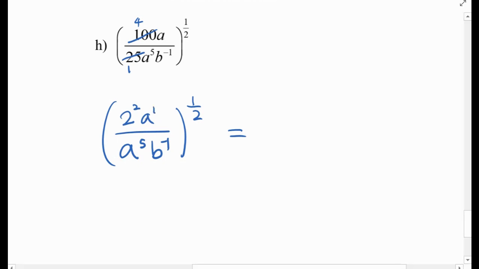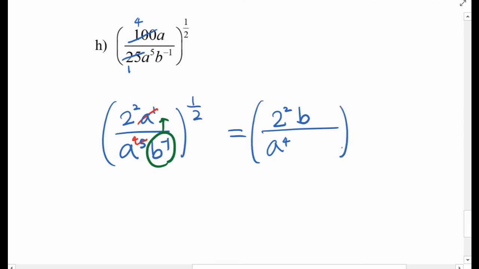Let's just cancel 1a from here, so it becomes 4. And what we're going to do is move b to the power of 1 to the top, because it's a negative exponent, and to the power of 1 over 2.